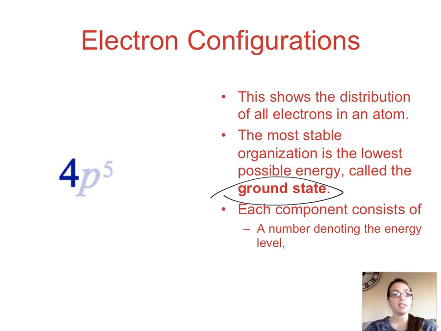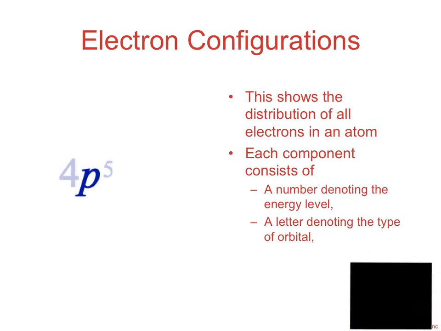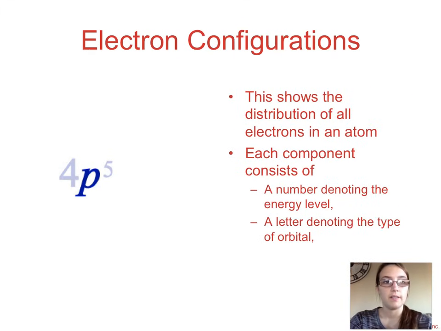When we're focusing on the electron configuration, first we have this large number. This large number denotes the energy level, so n is the principal quantum number. The next letter, in this case a p, denotes the type of orbital.